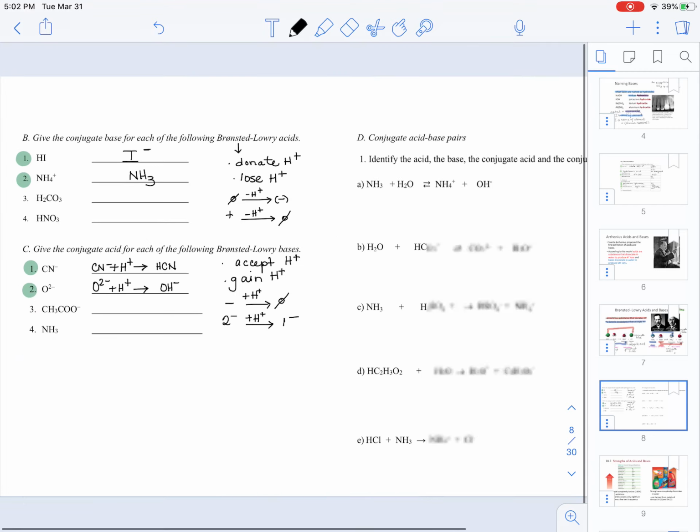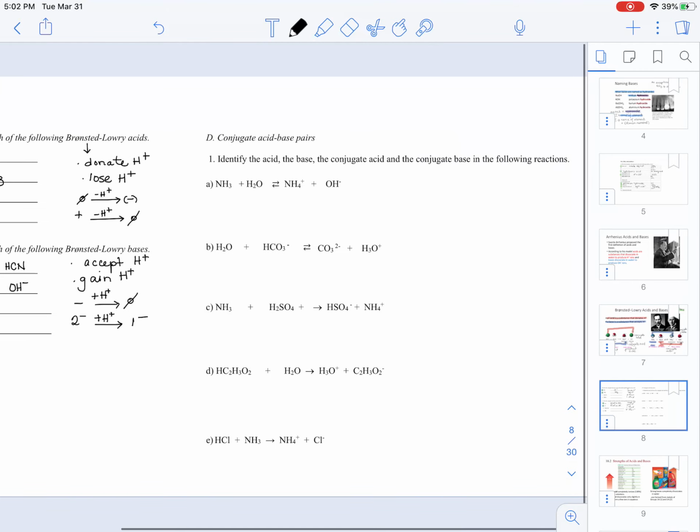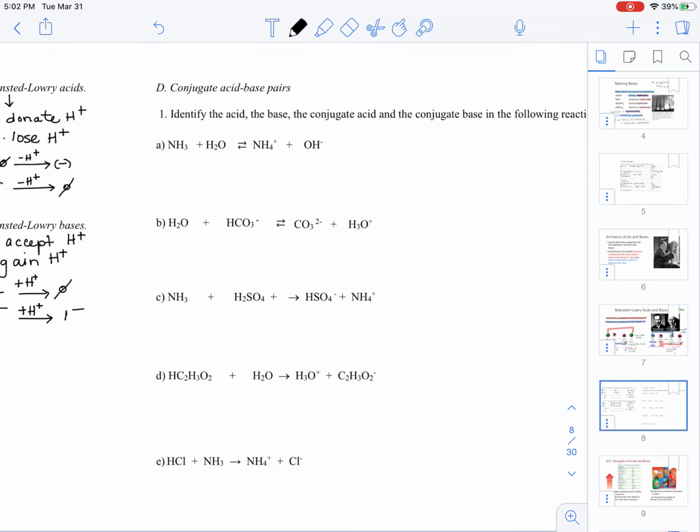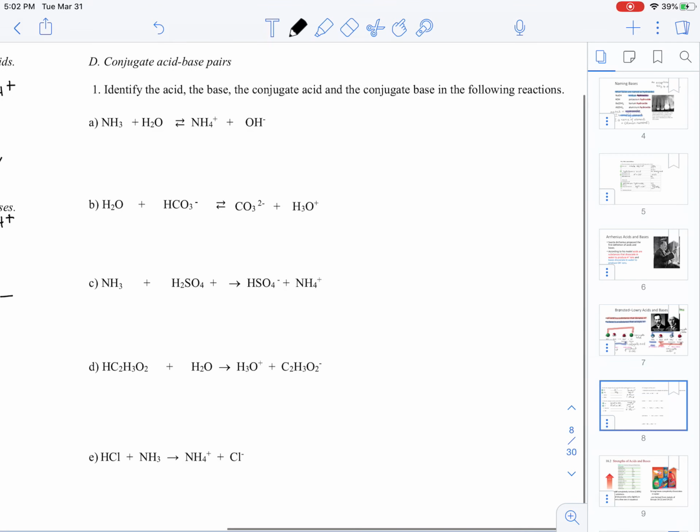The other type of problem that we have in order to practice this is going to be identifying what is the acid, what is the base in any of the following reactions, along with what is the conjugate acid and what's the conjugate base. So for this problem, I'm specifically going to do number 1 and letter A and letter B. So in letter A, we have ammonia reacting with water, forming ammonium and hydroxide.